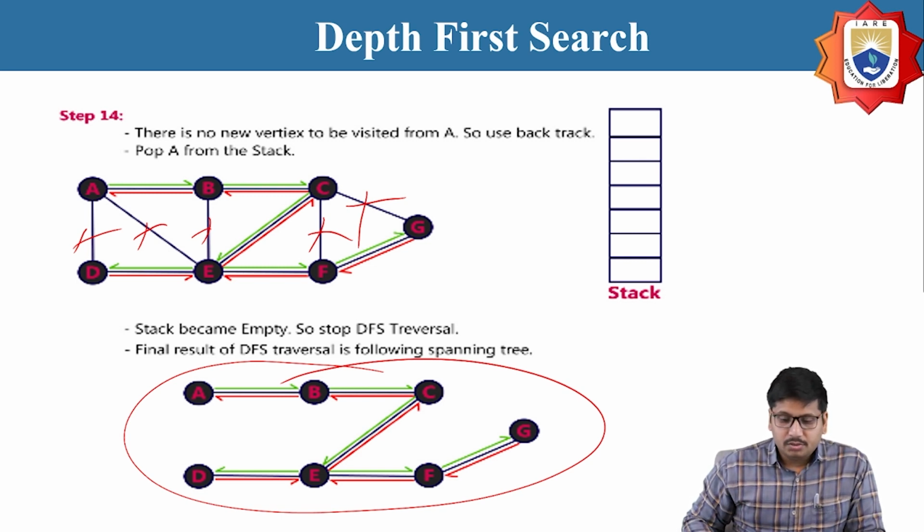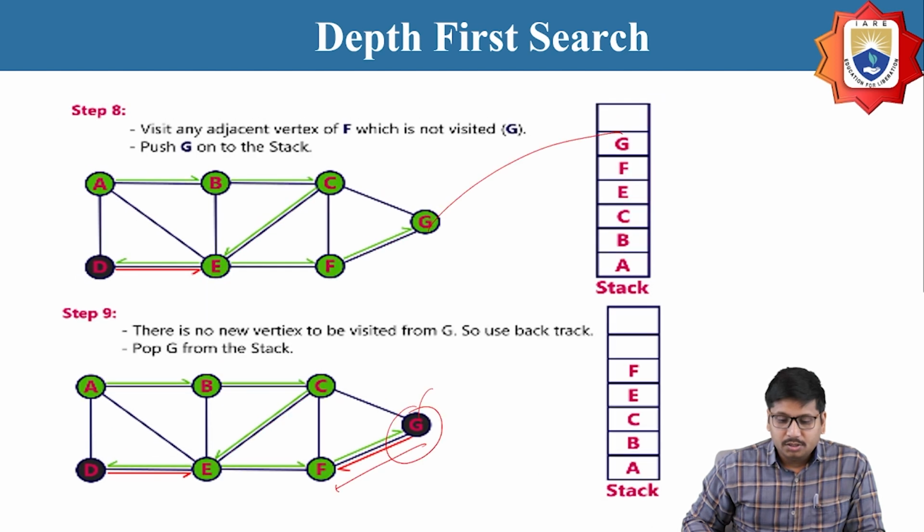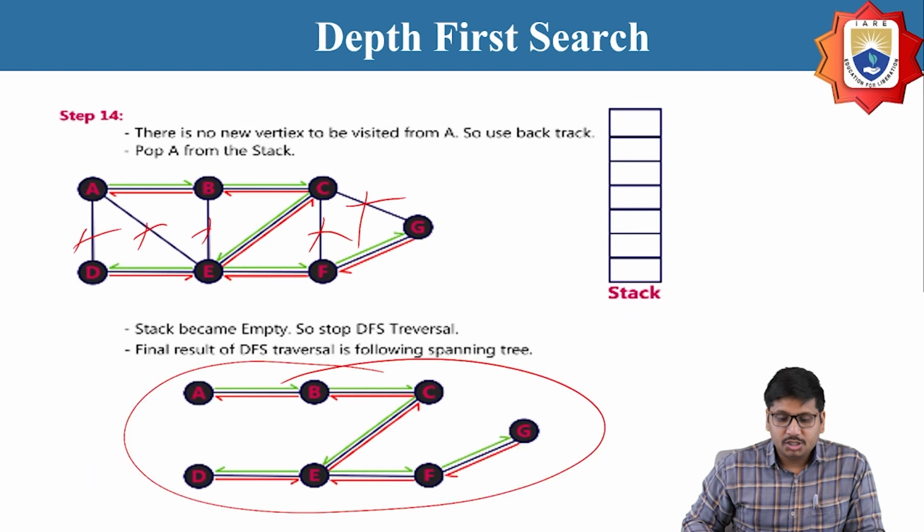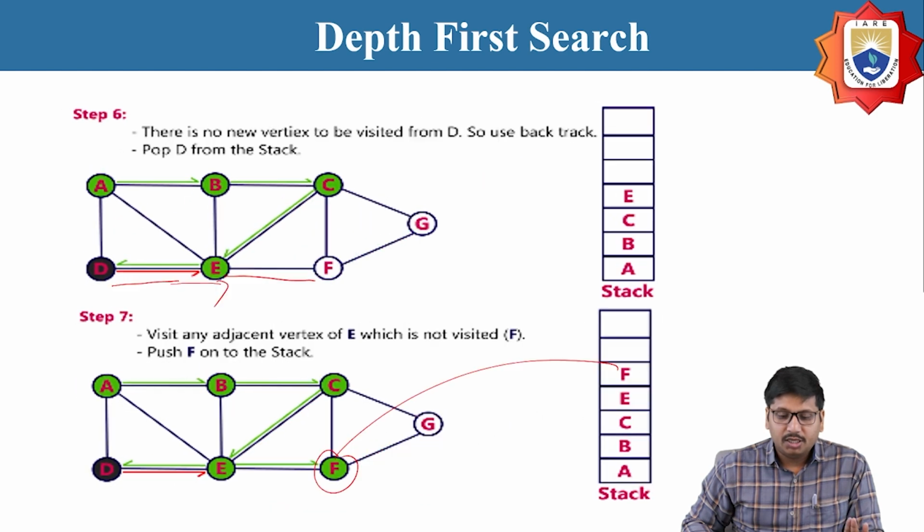Okay, so let us consider. Normally breadth first search and depth first search should be able to produce the same resultant set, but only the algorithm may be different here.